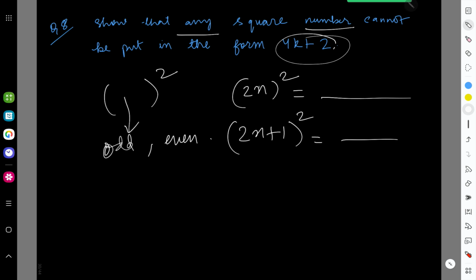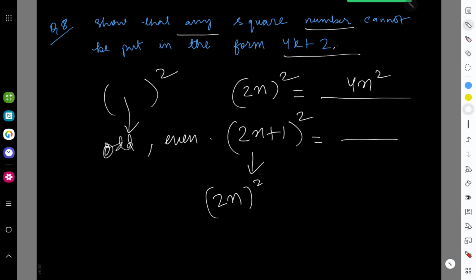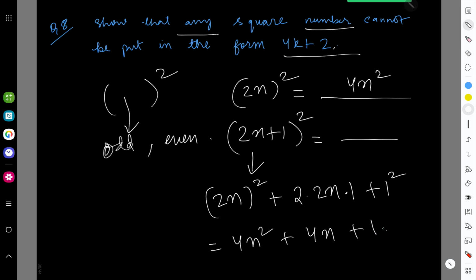So 2n squared will give us 4n squared. It doesn't give us 4k plus 2. And if we expand these, then we'll get 2n whole square plus twice 2n times 1 plus 1 whole square, which is equal to 4n square plus 4n plus 1. We can take 4n common, n plus 1, plus 1.